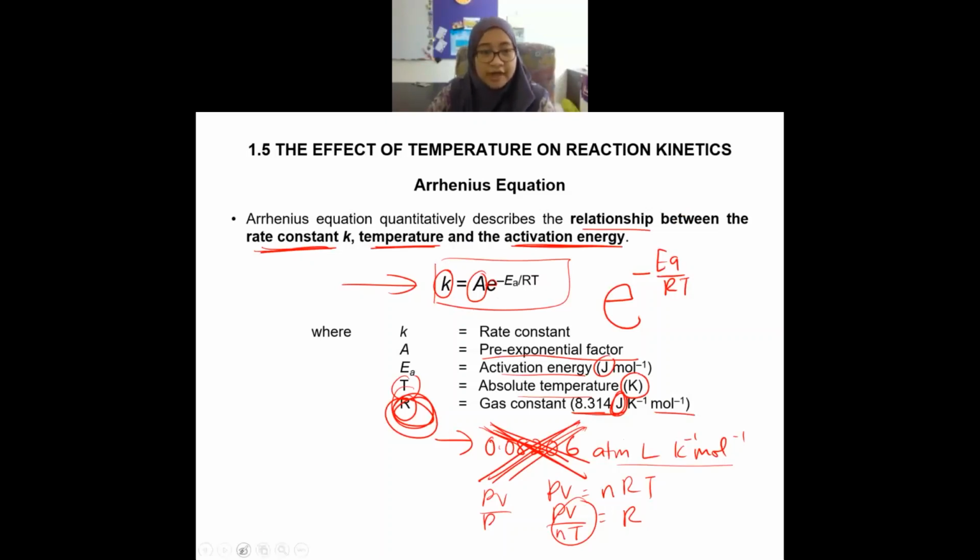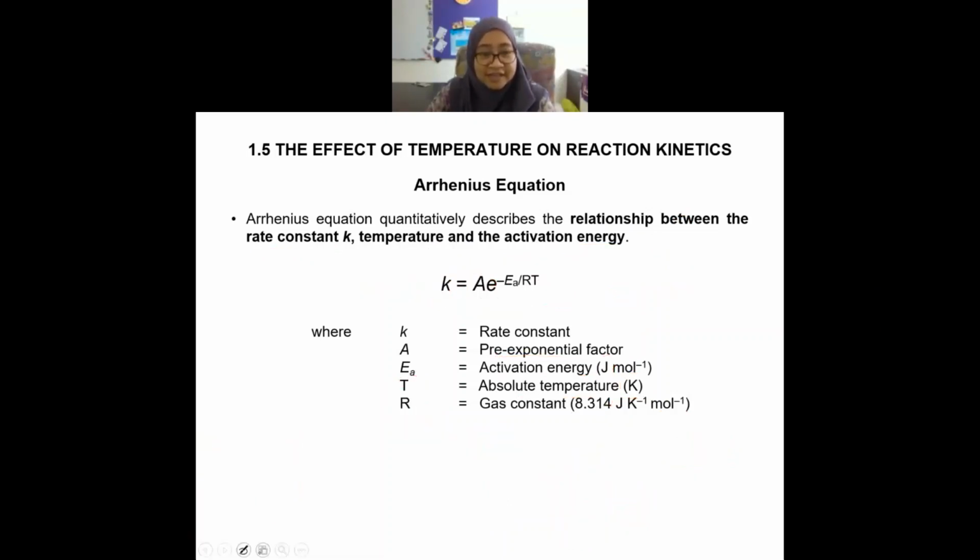So the question can ask you to find k, can ask you to find Ea, can ask you to find temperature, and even the pre-exponential factor. No, R lah, R is constant kan after all. So the question can ask you to find any of these variables in the Arrhenius equation.